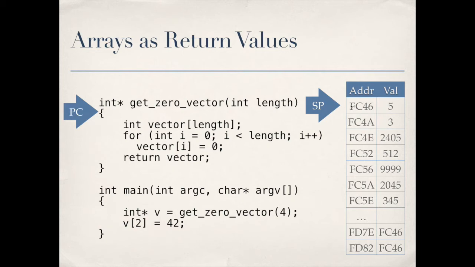Our memory is just a linear array, and if we need some new memory, we take the next free address, and the stack pointer is simply pointing to our next free address.